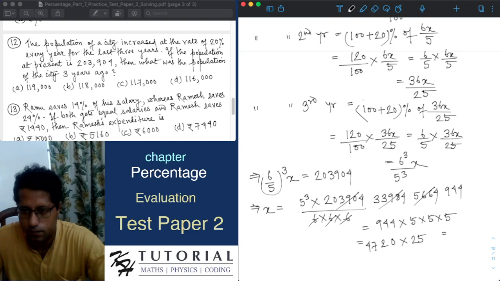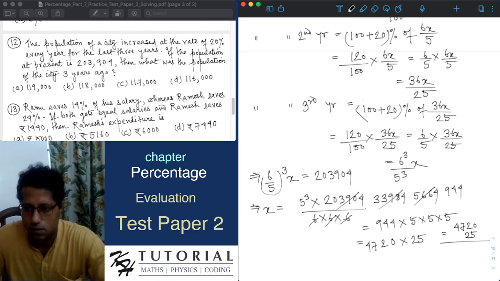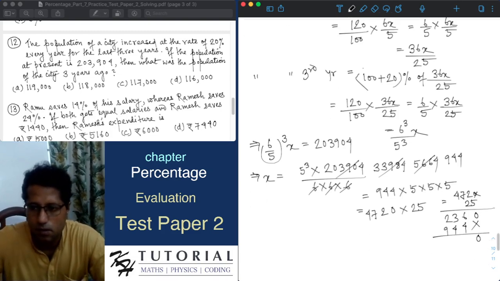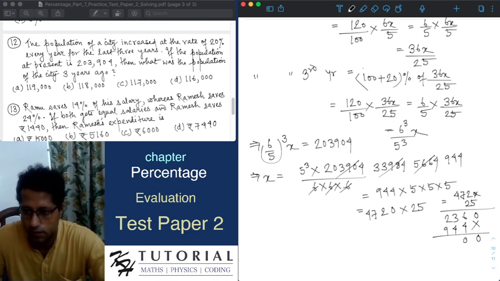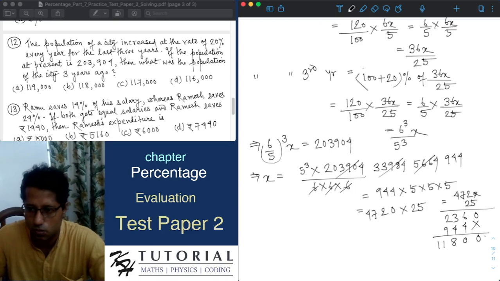We have to do 4720 multiplied by 25. Let's forget the zero. 472 multiplied by 25 is 11800, and there will be another 0.